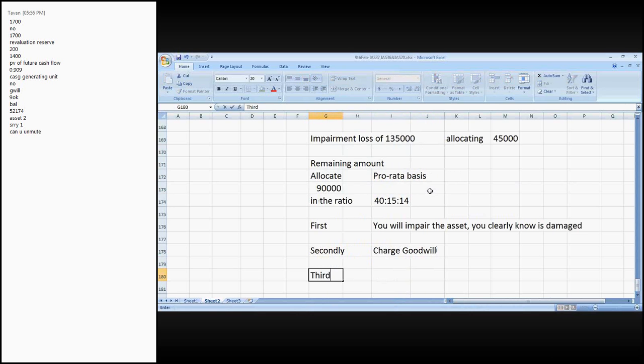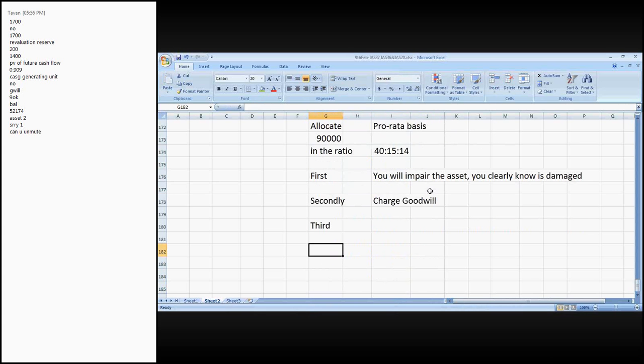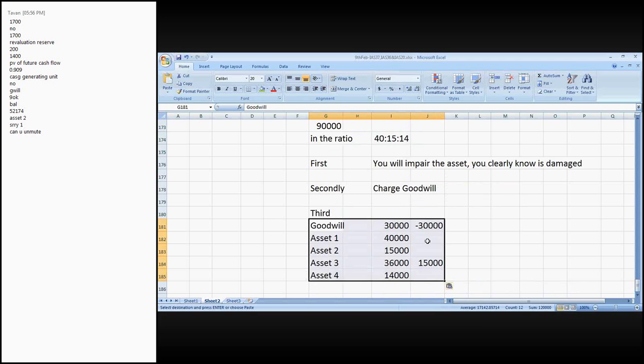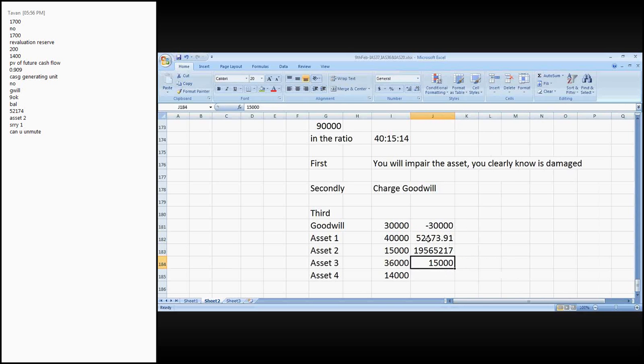Third step is, so the impairment will be 40,000. 40 plus 15 plus 14, that is 69. 40 divided by 69 into 90,000 will be the impairment. 15,000 divided by 69 into 90,000 will be the impairment.